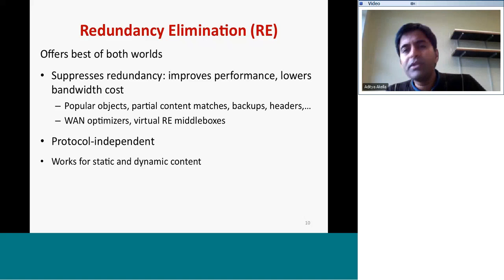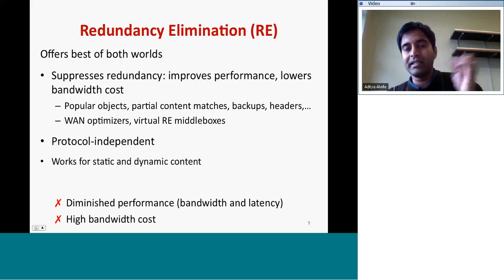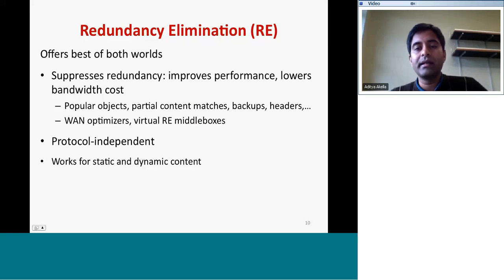And the good thing about these WAN optimizers is that they're protocol independent. All the traffic that you saw, irrespective of whether it is HTTP or email or whatever else, you should be able to use a single set of techniques to remove the redundancy and save on bandwidth cost and potentially also improve your bandwidth performance. And it works for static and dynamic.